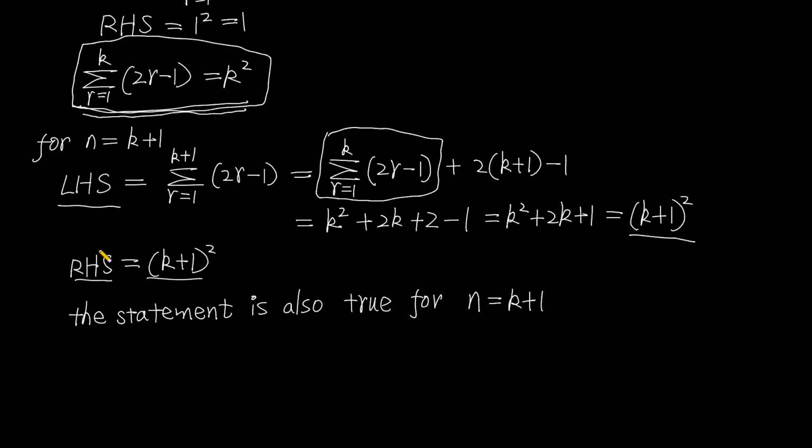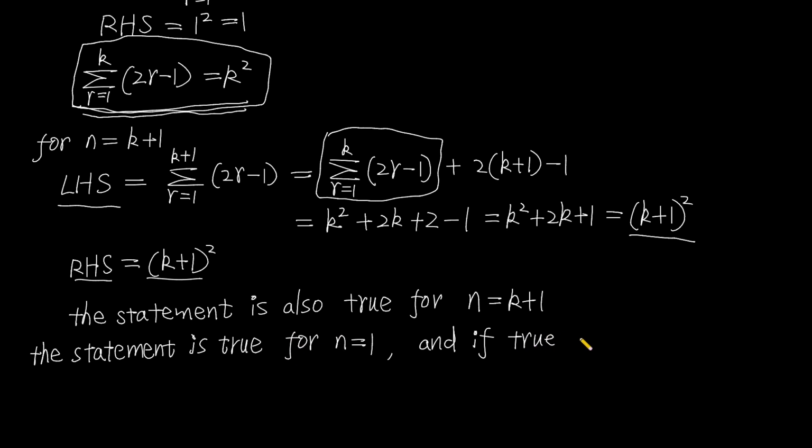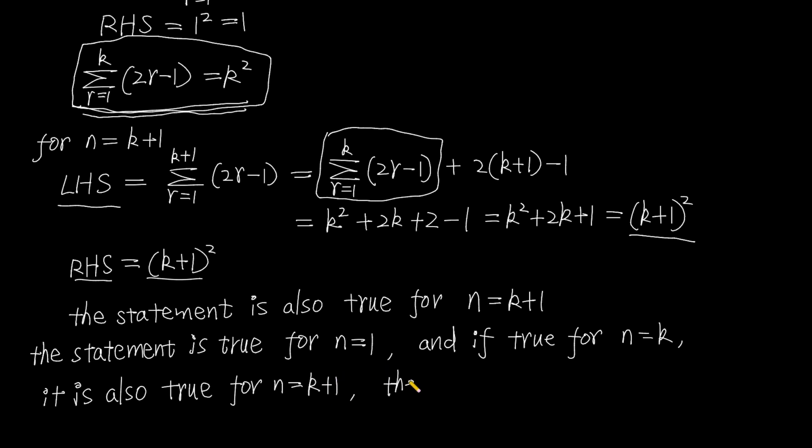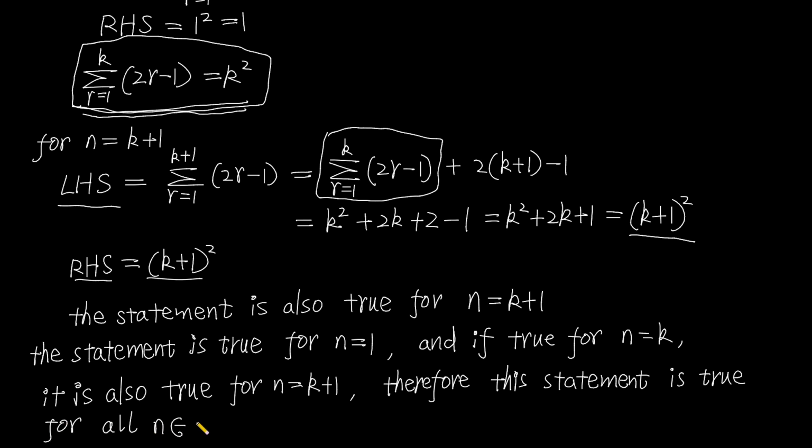Now, because the statement is true for n equals 1, and if it is true for n equals k we can show that it is also true for n equals k plus 1, therefore this statement is true for all n belonging to the positive integers by the principle of mathematical induction.